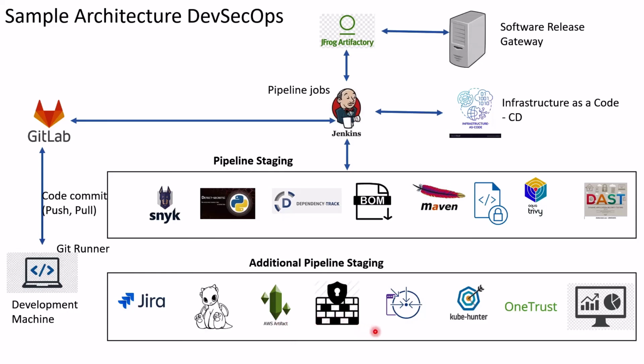And if it is a Kubernetes environment, we can implement stages for Kubernetes-related security tests like Kube-hunter and Kube-bench. These tools we can integrate and execute. If required, OneTrust reports also we can integrate in the CI/CD pipeline and monitor the privacy impact assessment and its risk.